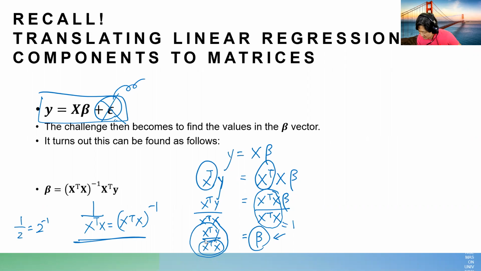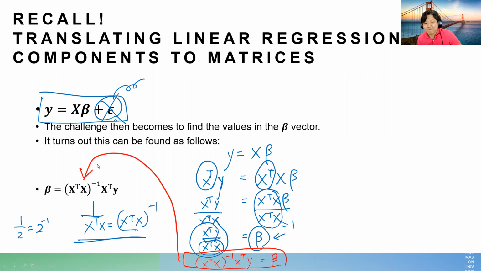So I would say X transpose X inverse times X transpose Y is beta. This is what we want to estimate, the beta coefficient vector. And we already have the X matrix, we already have Y, so then we can estimate this. Any questions?